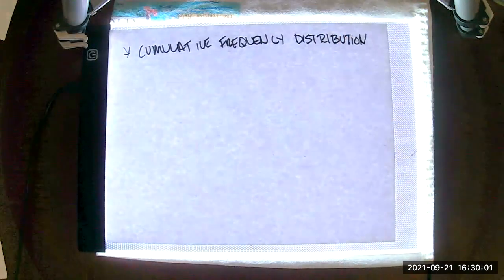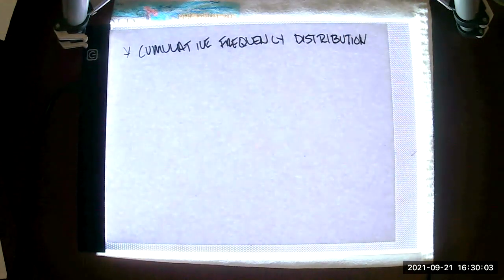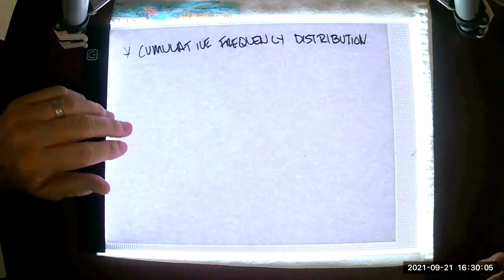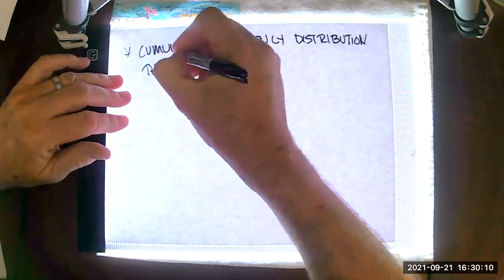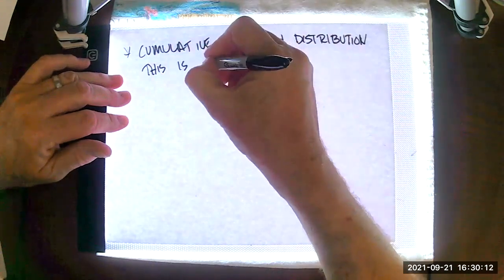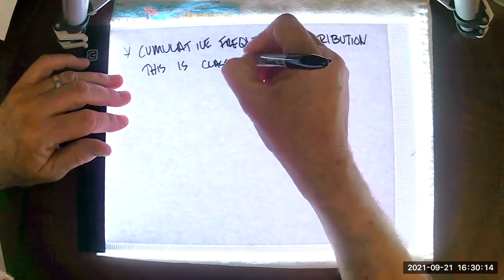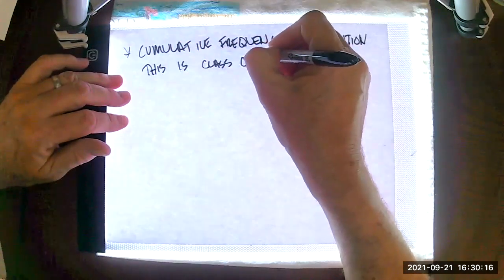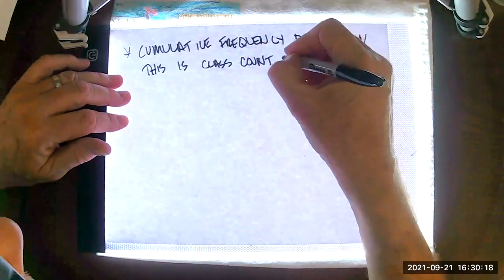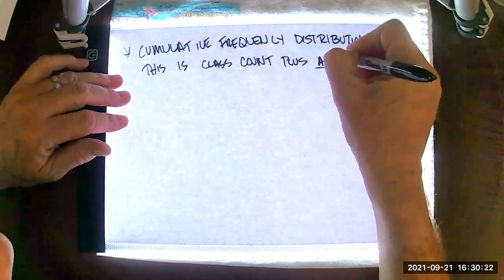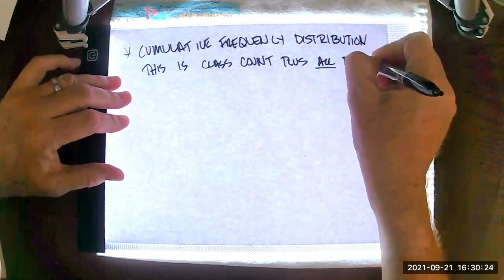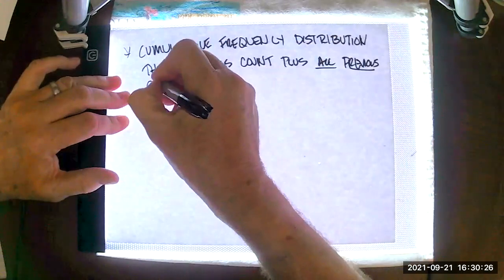All right, cumulative frequency distribution. The definition here: this is the class count plus all previous class counts.